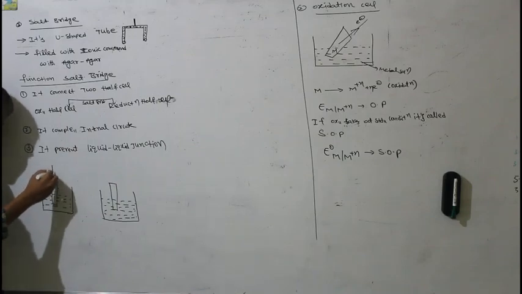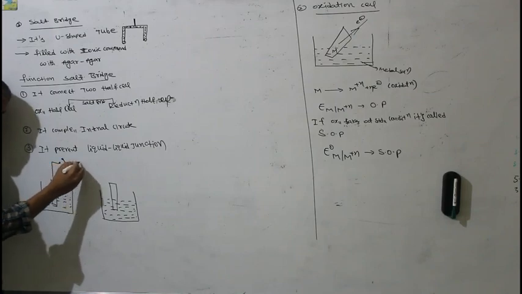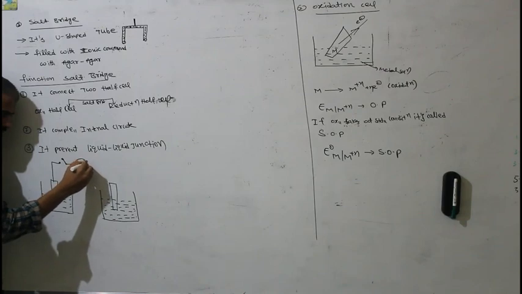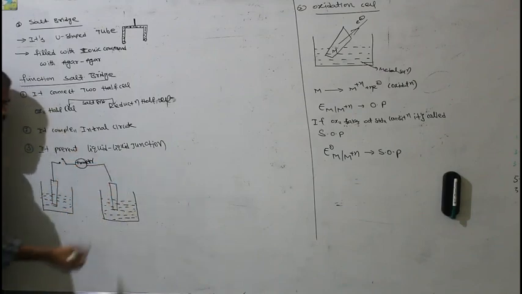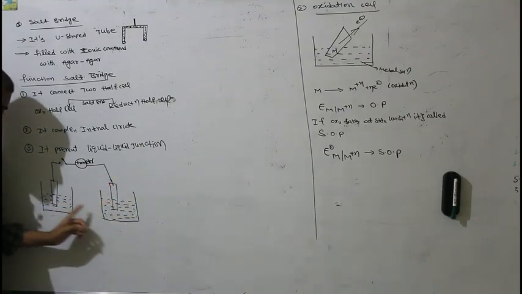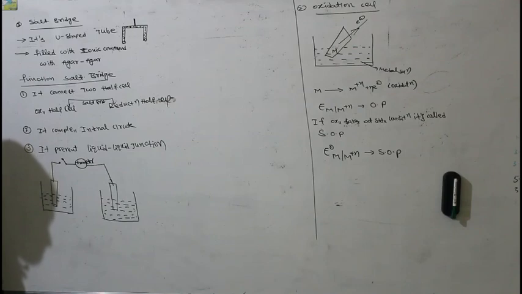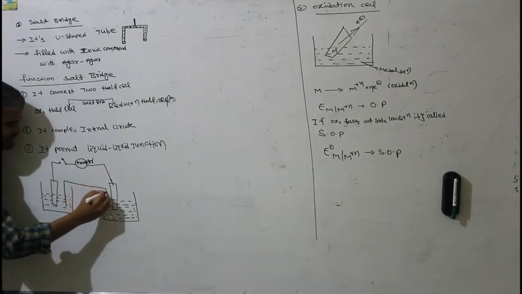Now you connect both of these here, a switch we can keep, and here we place some ammeter through this electrode. Now is the circuit completed here? No. So to complete that internal circuit, we will place a salt bridge here.